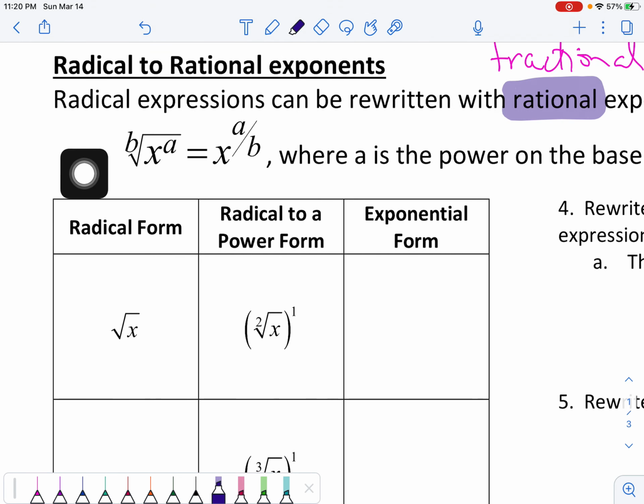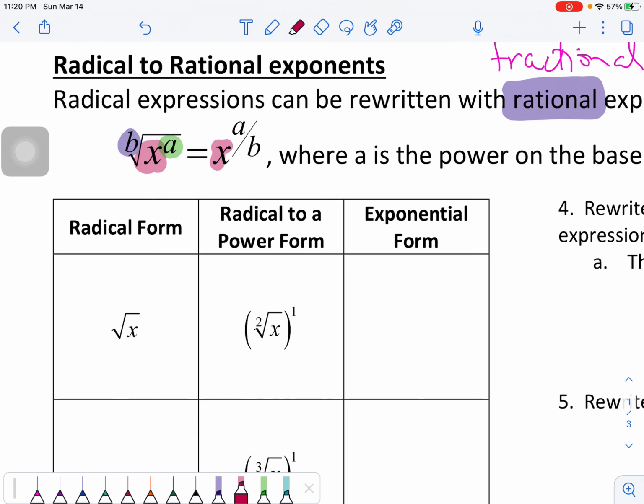So here's what we've got. If we've got this expression, you've got the b root of x to the a. Now, a couple of things you may or may not notice. Roots have what's called an index. The index is whatever that little number is. And you've got a base, in this case x, with a power of a.